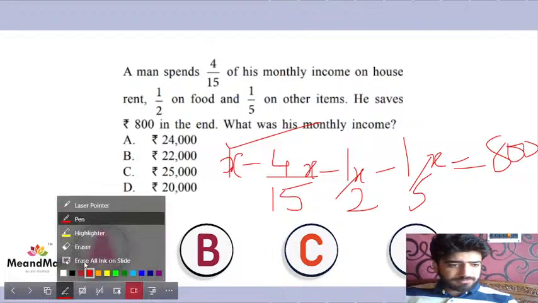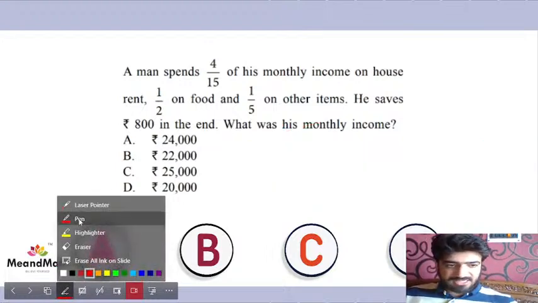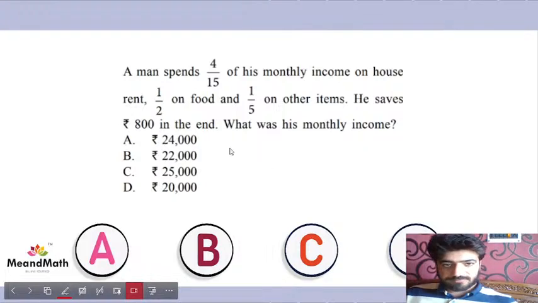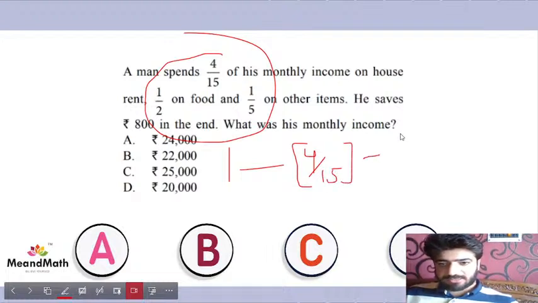You can also, without using X, if somebody doesn't know algebra yet, imagine, as I said at the start, that the salary is 1. Then add all of these three parts together: 4 by 15, 1 by 2, 1 by 5, and subtract that fraction, I mean 1 minus 4 by 15 minus 1 by 5 minus 1 by 2.